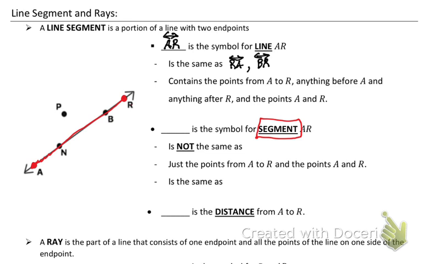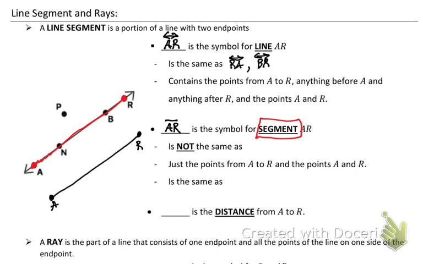So in other words, AR would look like this. Now note, losing those arrows changes a lot. So when we're naming this, we're actually going to name it AR without arrows on top of it. That's how you do the label for segment AR.